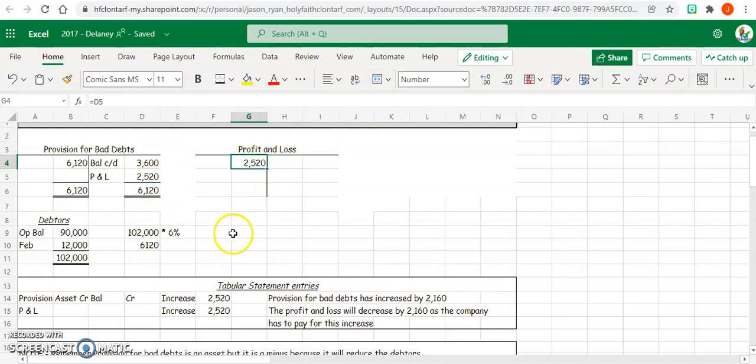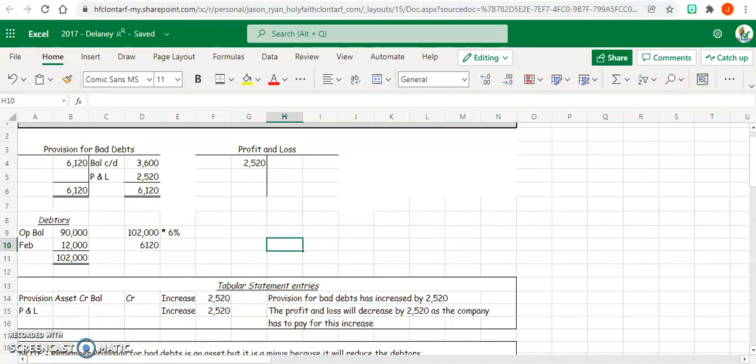Now remember, our profit and loss is down in the liability section. So your provision for bad debts is going to increase by 2,520, so that's up in your assets. And then your profit and loss is going to increase by 2,520 because the profit and loss itself, remember, is in the liability section. So we're going to have to pay more for that.